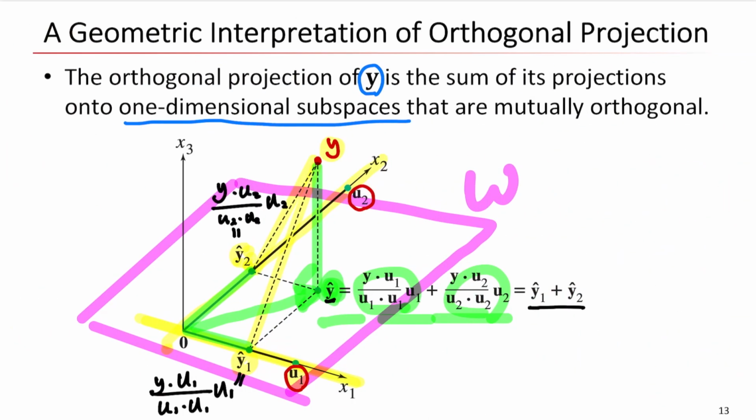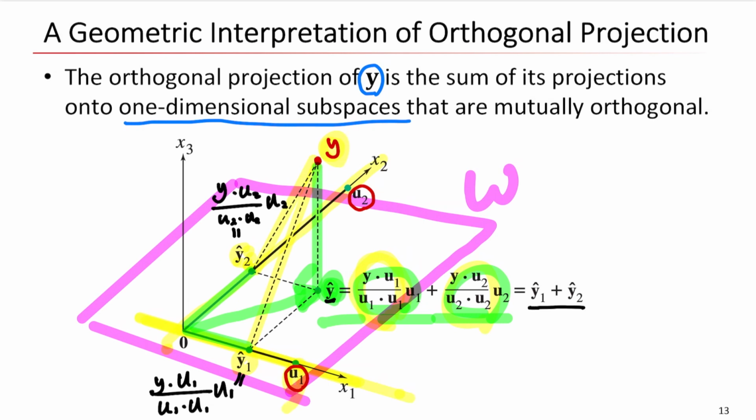So we also discussed the geometric interpretation of the orthogonal projection, right? So what was the meaning of this term and this term? This term is the projection of the vector y to this line, the line spanned by u1, right?